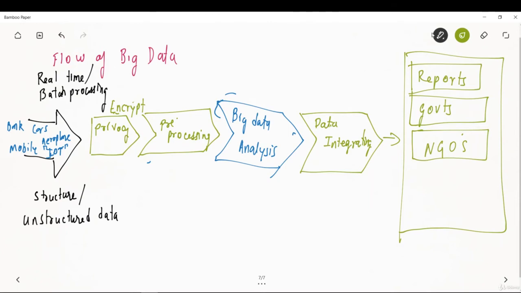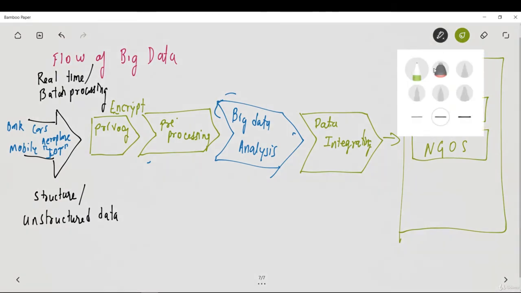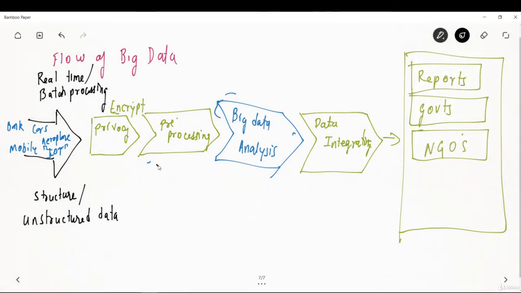So this is the entire flow of data, how it flows from the starting place where the data was generated either in real time or in batch using batch processing. The data was either structured or unstructured, and can be generated from banks, mobile devices, cars, aeroplanes, IoT, and so on. Then it went to privacy where the data was encrypted.